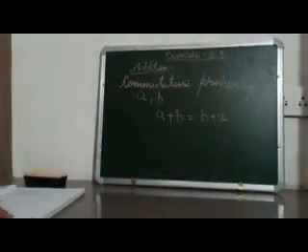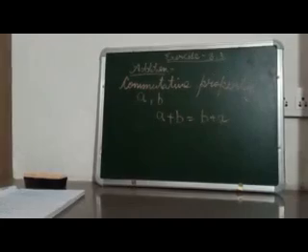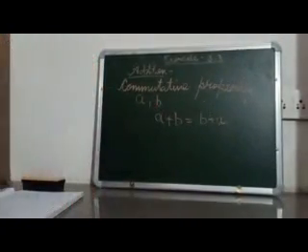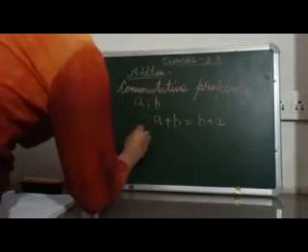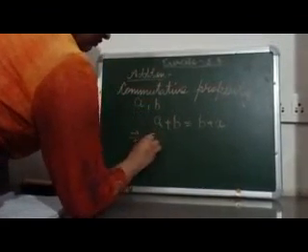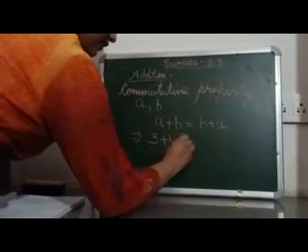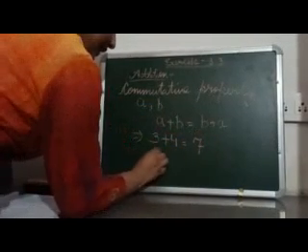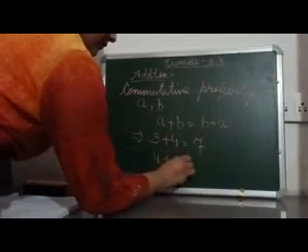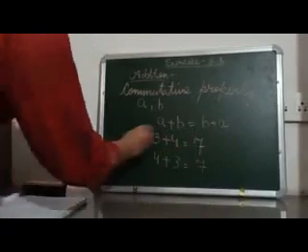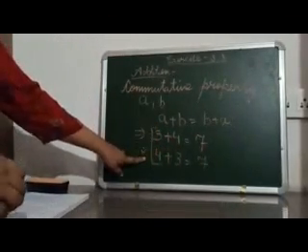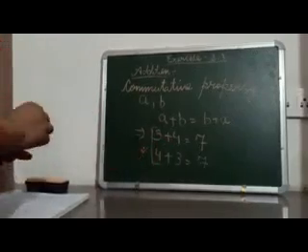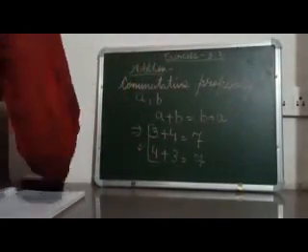That means in case of integers, the sum does not depend upon the order in which the integers are added. For example, suppose I am having 3 plus 4, it is equal to 7, and if I write 4 plus 3, then the answer will be 7 again. So that means there is no dependence on the order of the integers when we talk about addition.